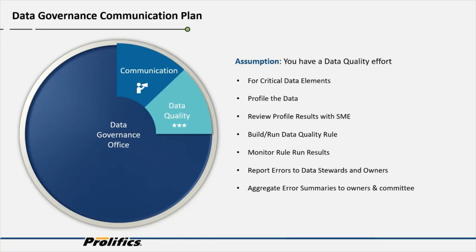For the data quality program, I'm assuming you're using a standard model. For example, you're having the business identify the CDEs, you're going through and profiling those CDEs, you're then taking those profile results and going with the subject matter experts to define what the data quality rules are to monitor this, and what we need to do to fix it before we start running the data quality rule.